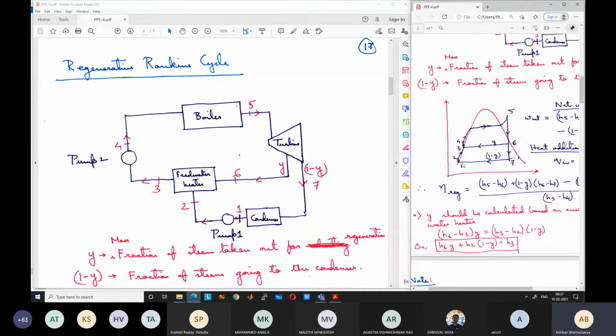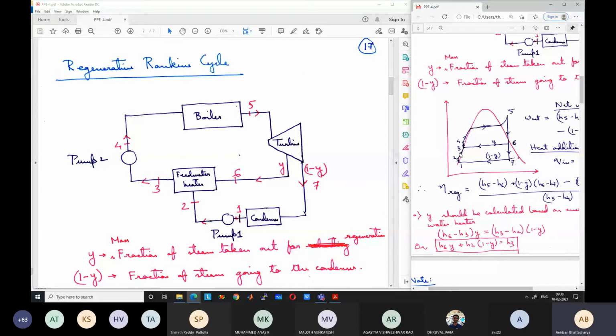So now can you say why the fraction Y should be very small and 1 minus Y will be large? Or why the value of Y is typically very small?